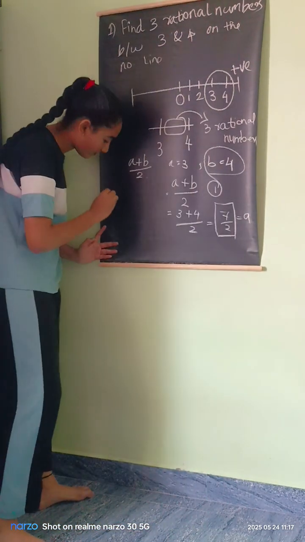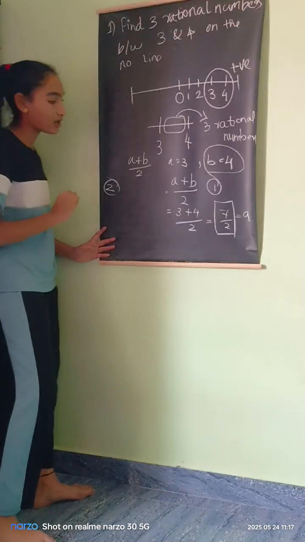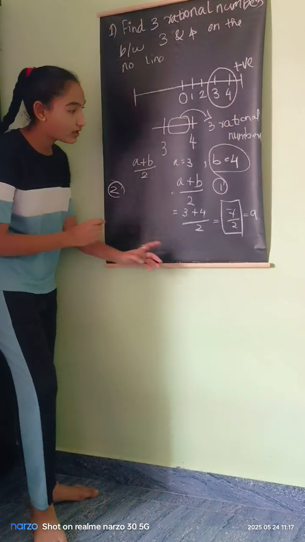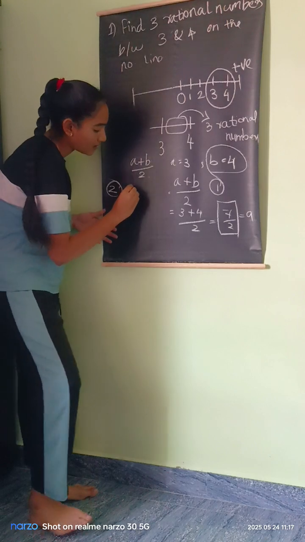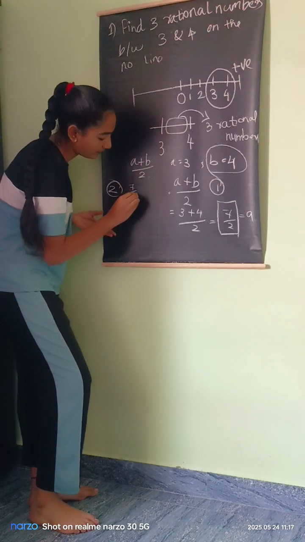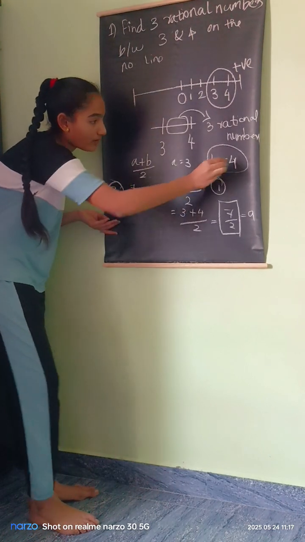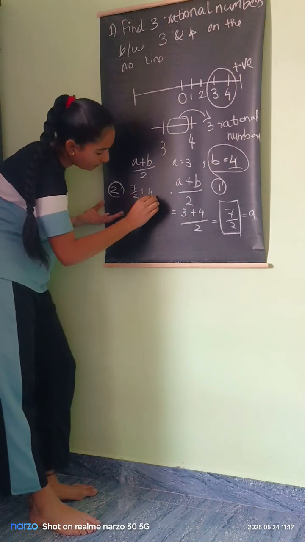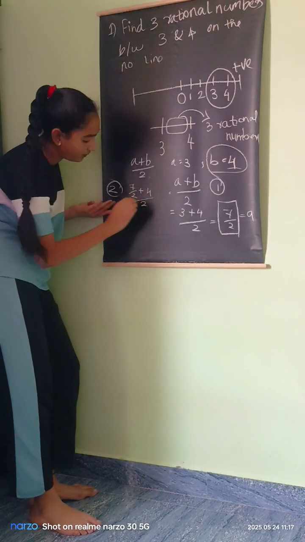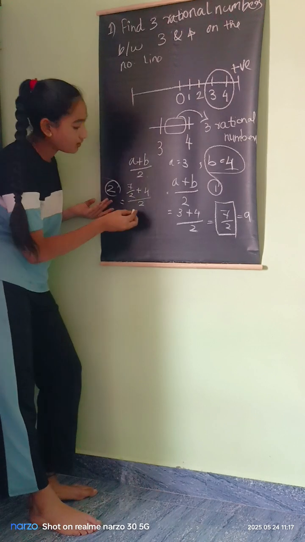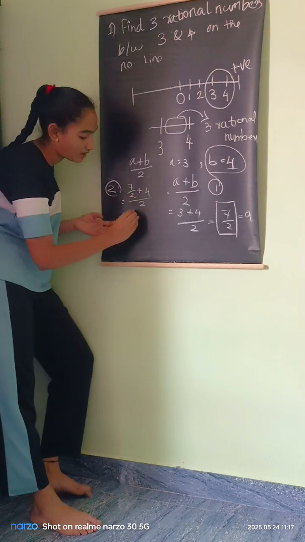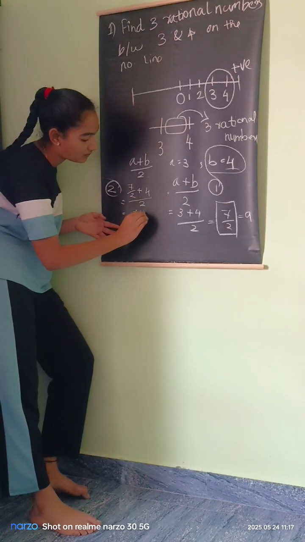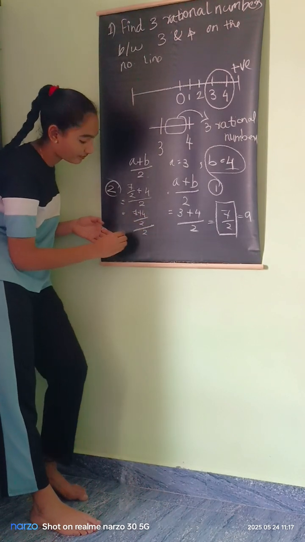Next, let's find the second one. The a value is 7 by 2 plus the b value, 4, all by 2. Let's take the LCM: (7 plus 4 by 2) by 2.